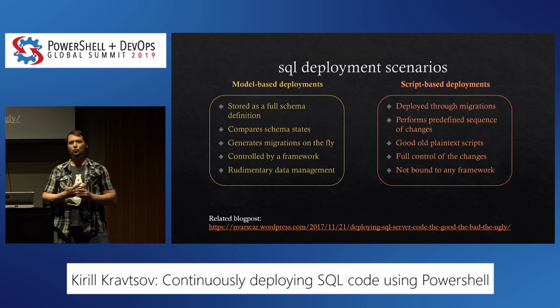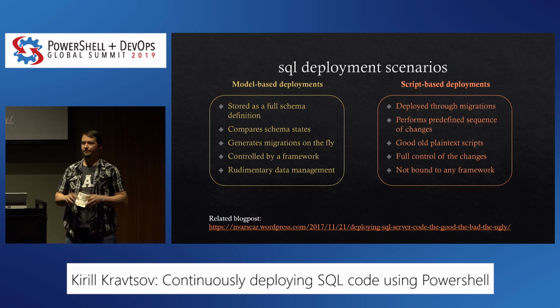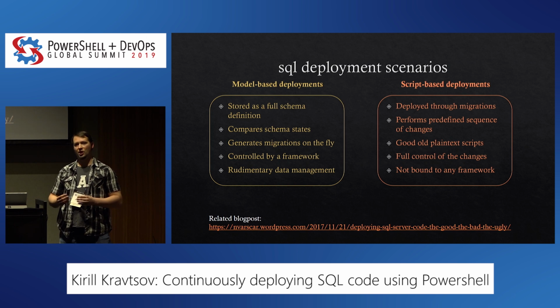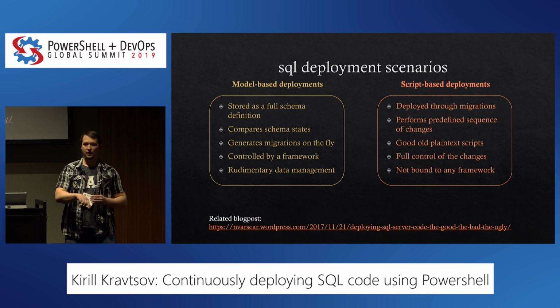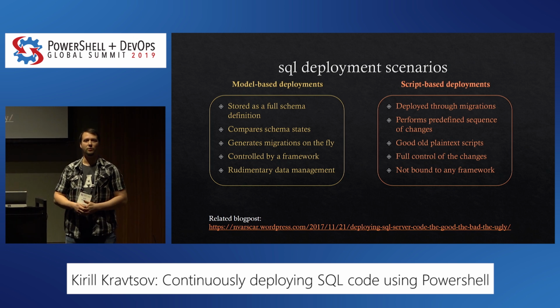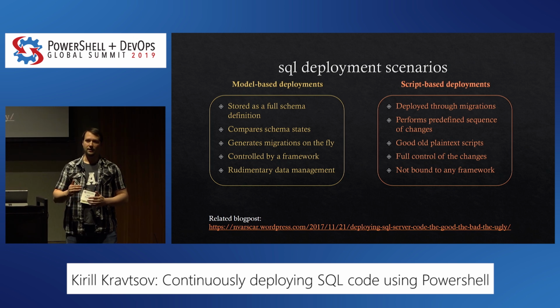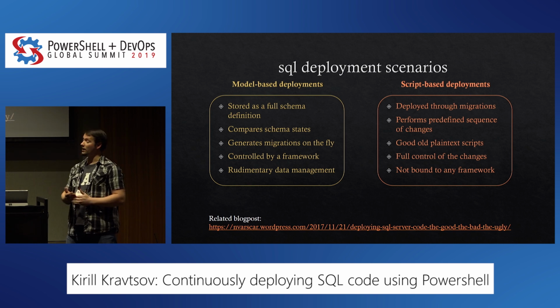In order to track exactly which state your database is in, you track those changes inside the database itself. So each database would have some kind of schema versions table, which would track exactly which script, at what time, you have executed against that database in order to maintain the integrity.